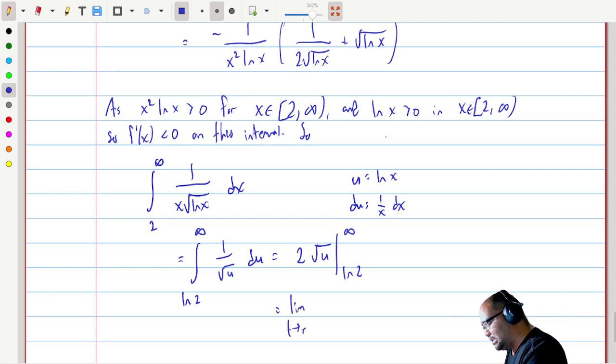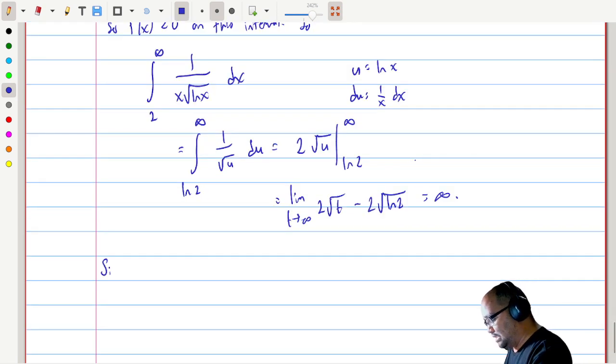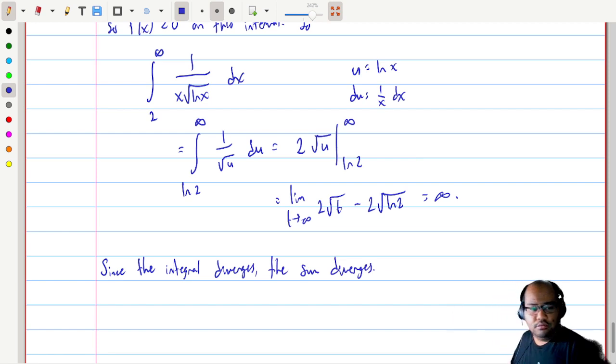As the limit as t approaches infinity of 2 square root t minus 2 square root log 2 is infinity. So since the integral diverges, the sum also diverges. Okay, so that's the whole thing with the integral test.